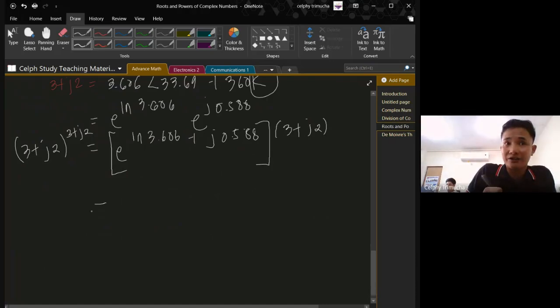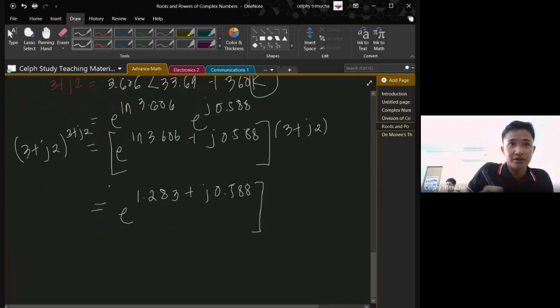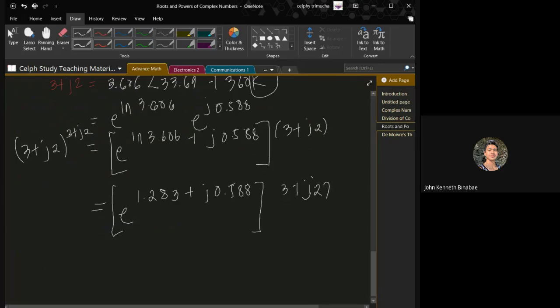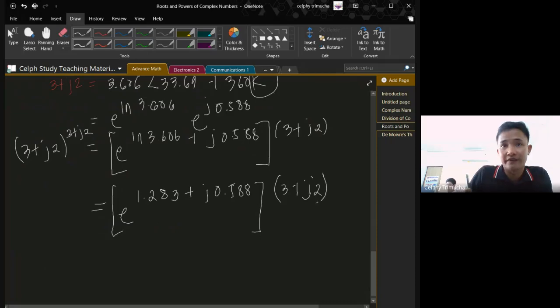So kung convert na lang aton nga exponents in polar form para masapos sa aton, we will have e, we have ln 3.606, pila nga value? ln 3, 1.282 plus j times 0.588, multiplied by 3 plus j2. We have 3 plus j2.